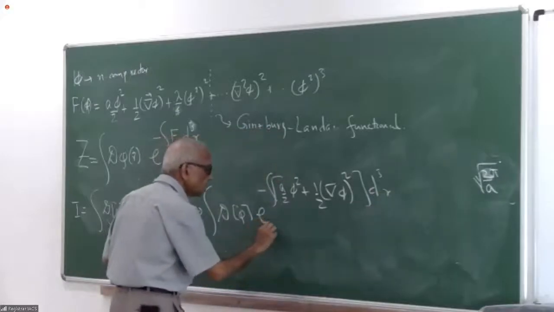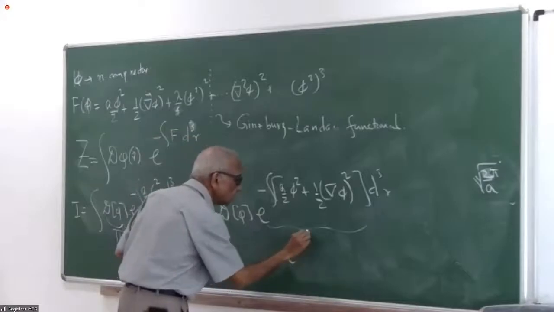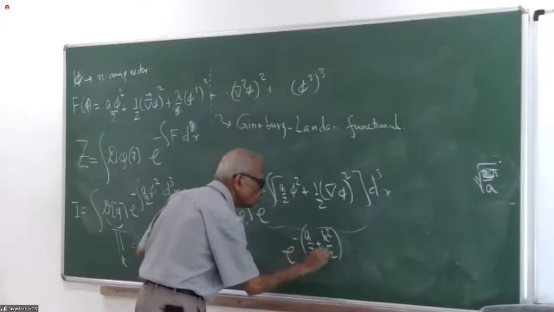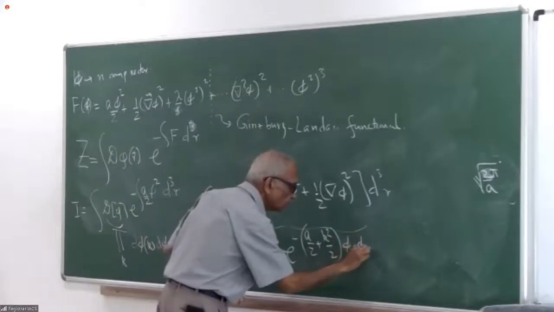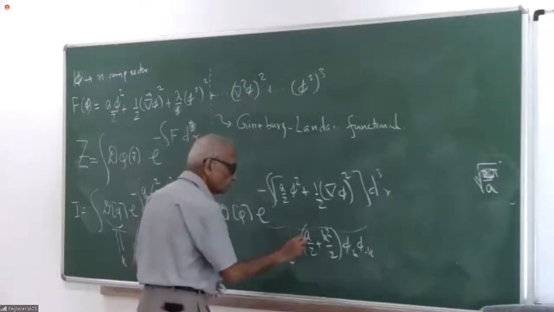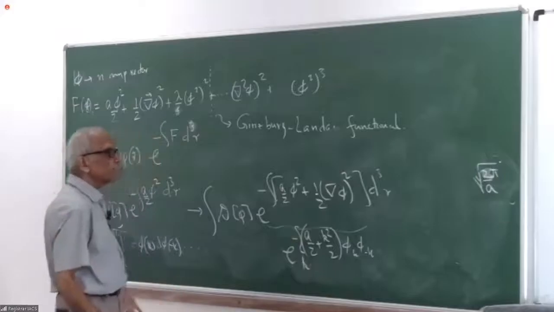Then this part over here is e to the power minus a over 2 plus k squared over 2 phi k phi minus k, and summed over all k, so that it is a pi for all of them.